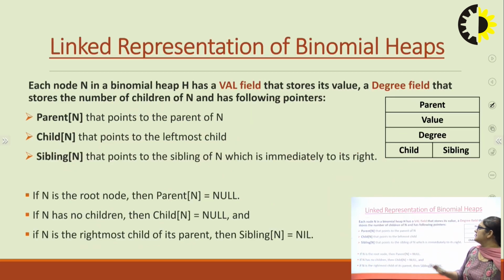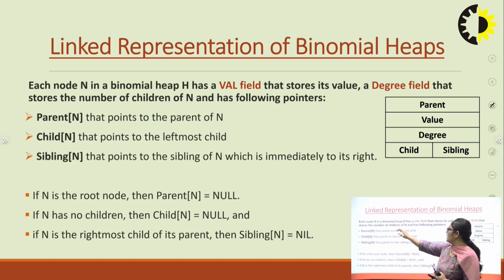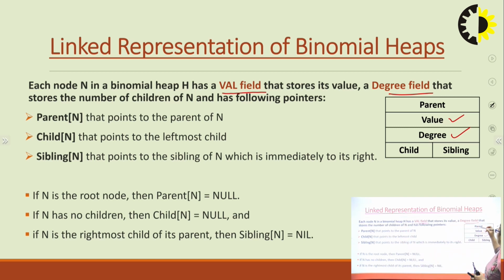So next is the linked representation of a binomial heap. In a binomial heap, each node n will have a value field that stores its value, and a degree field that stores the number of children the node n has, and we also have three pointers: the parent pointer, the child pointer and the sibling pointer.